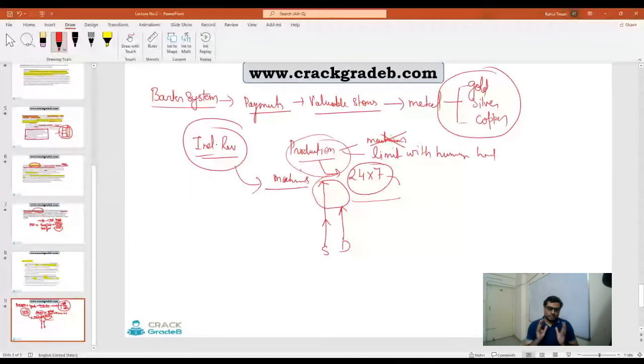But what is important for us to understand here is that production is going to increase. For production, I'm telling you again and again, before the industrial revolution, what did you need? Land and labor. But now capital in terms of machines is also there.